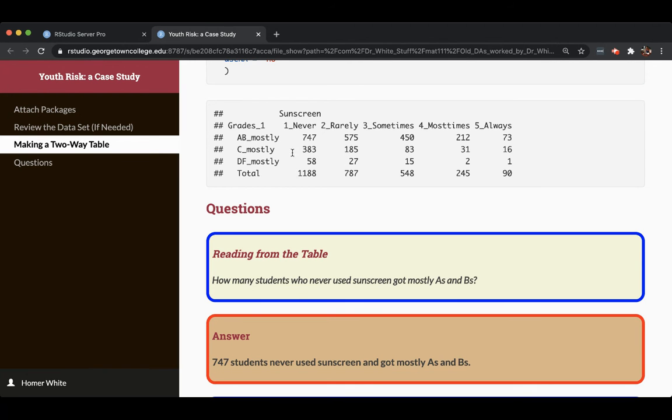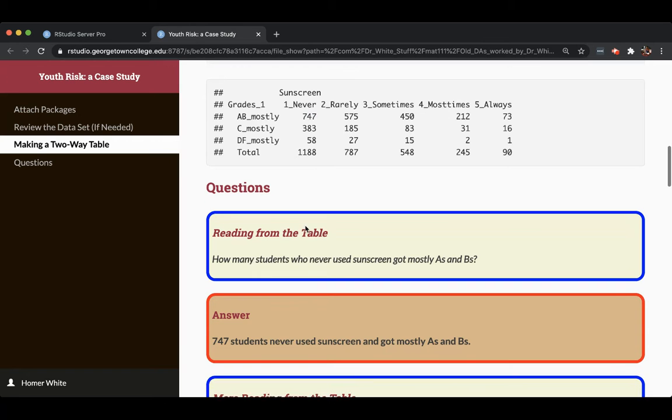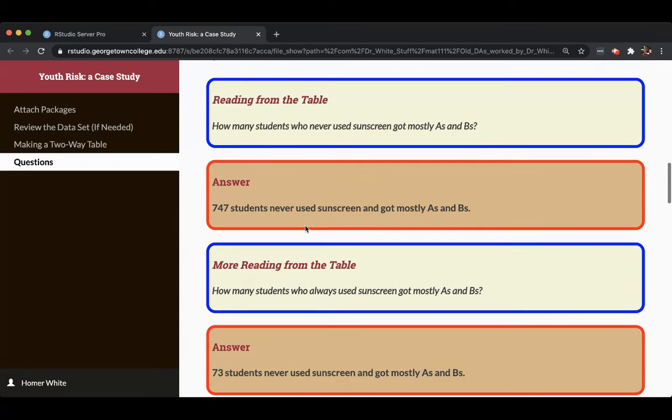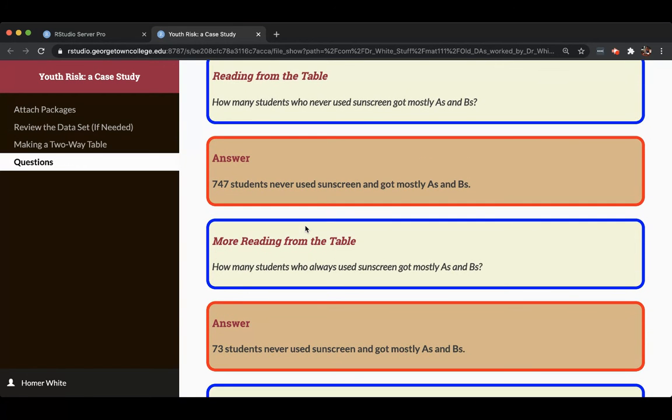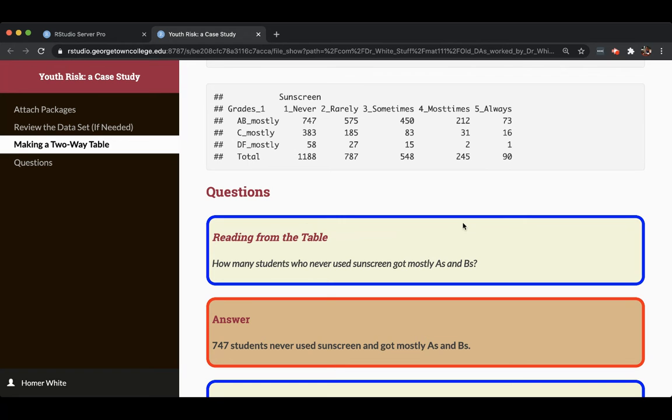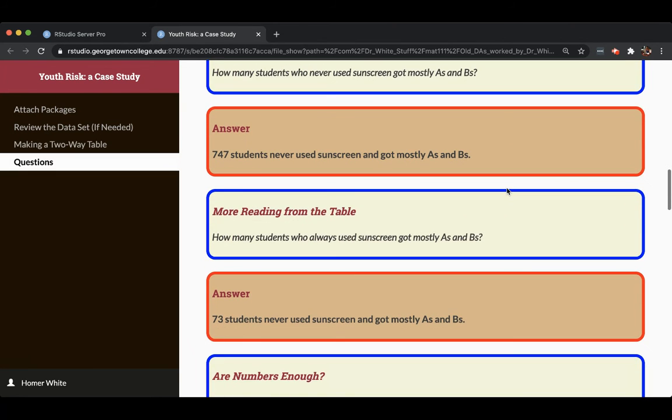Looking at those who never used sunscreen and got mostly A's and B's, that is 747. Next, how many students who always use sunscreen get mostly A's and B's? Looking under the always column for those who get mostly A's and B's, we're in this cell here with 73. So the answer to that question is 73 students.